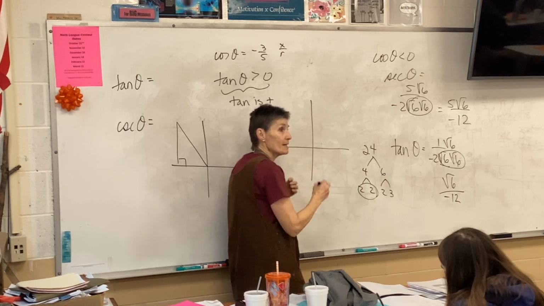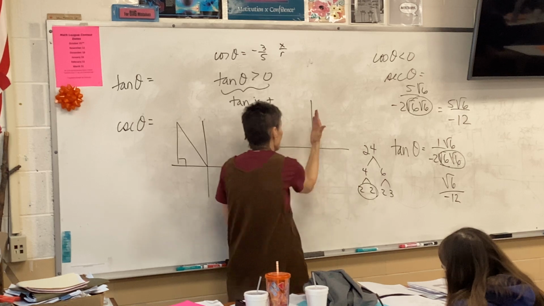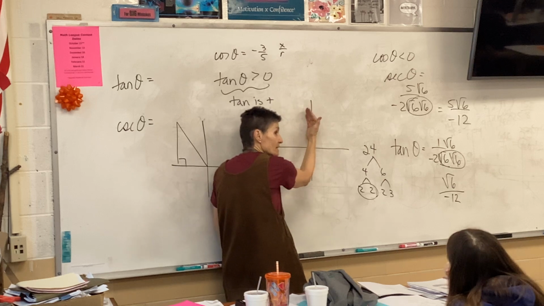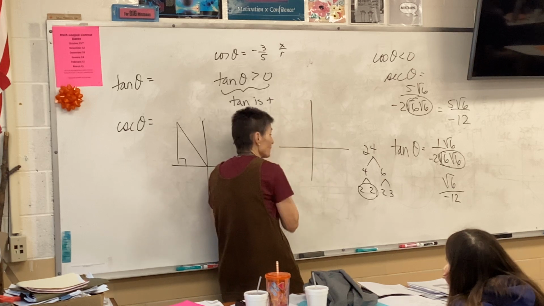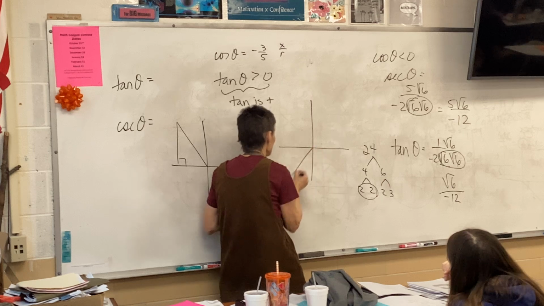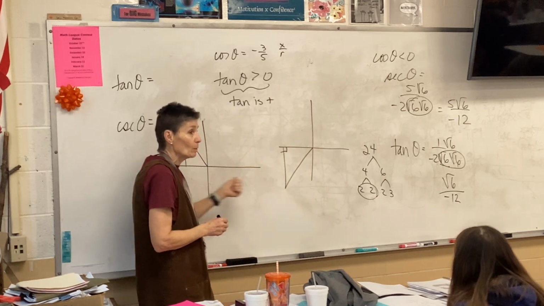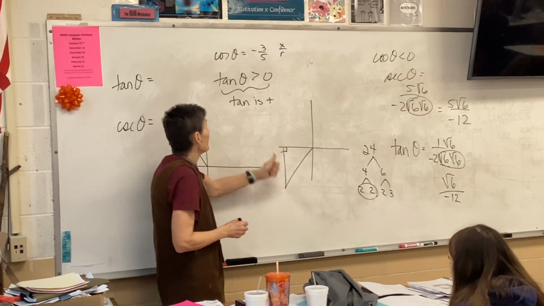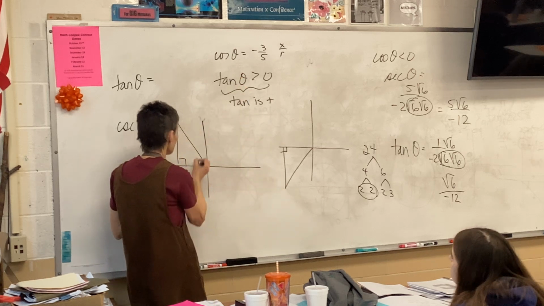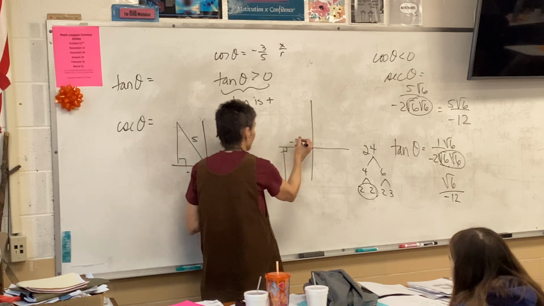Where is x negative? Isn't x negative over here? Isn't this where the negative x's are? So I already drew quadrant 2, now I'm going to draw quadrant 3. My picture is going to be either that one or this one. They both have a cosine that's negative.